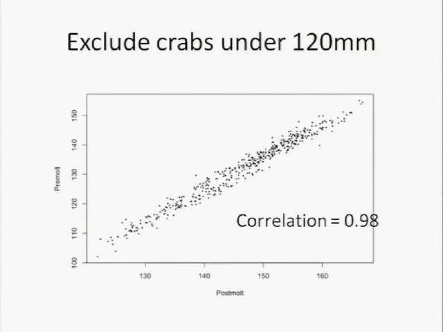The correlation is between 1 and -1. So this tells you that you're able to explain 98% of the variation based on the post-molt size. Why 98? Because if I know the crab is at maybe 140, there's still some variability. I cannot predict it 100%, but 98% of the variability I can predict using the post-molt size of the crab.